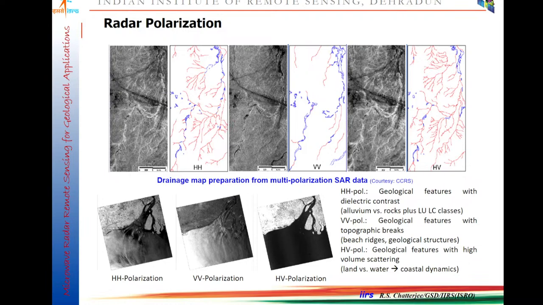Pure water has a dielectric constant of 87, isn't it? So this radar pulse cannot penetrate water; it comes from the surface of the water. Whereas in case of land, wherever the material has dielectric inhomogeneity, there will be good volume scattering. So those kinds of features will be highlighted more.